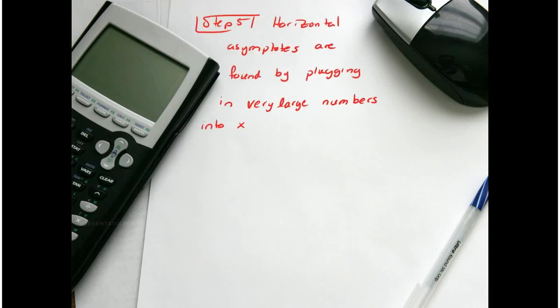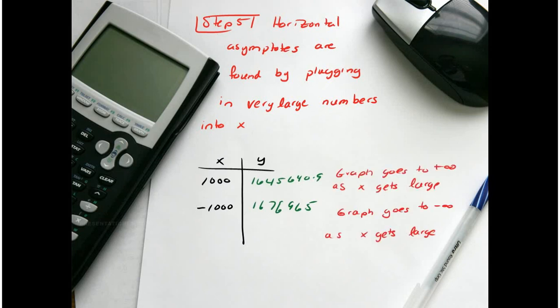Horizontal asymptotes are found by plugging very large numbers into x. Use some really large numbers in both directions, large in magnitude, large to the right, large to the left, and calculate the y value. You did this in class. I get huge and huge for y. That means the graph goes to plus infinity as x gets large, and actually this is incorrect.